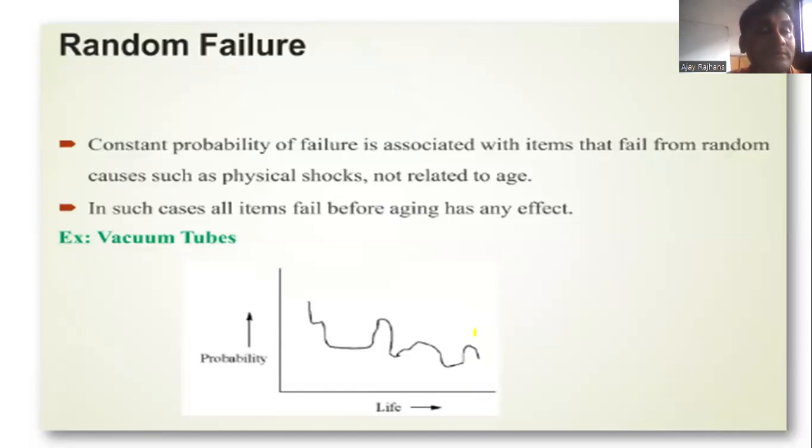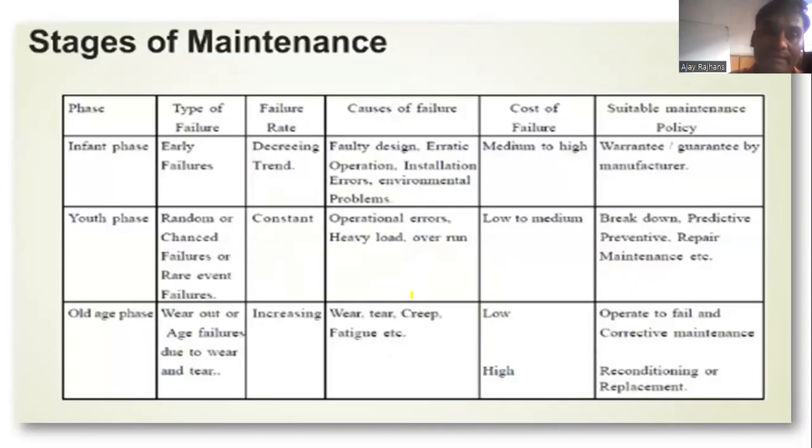Random failure, as in vacuum tubes, which are not used nowadays, has a peak point noted in the probability as life increases. So it may fail suddenly. That is the random failure.